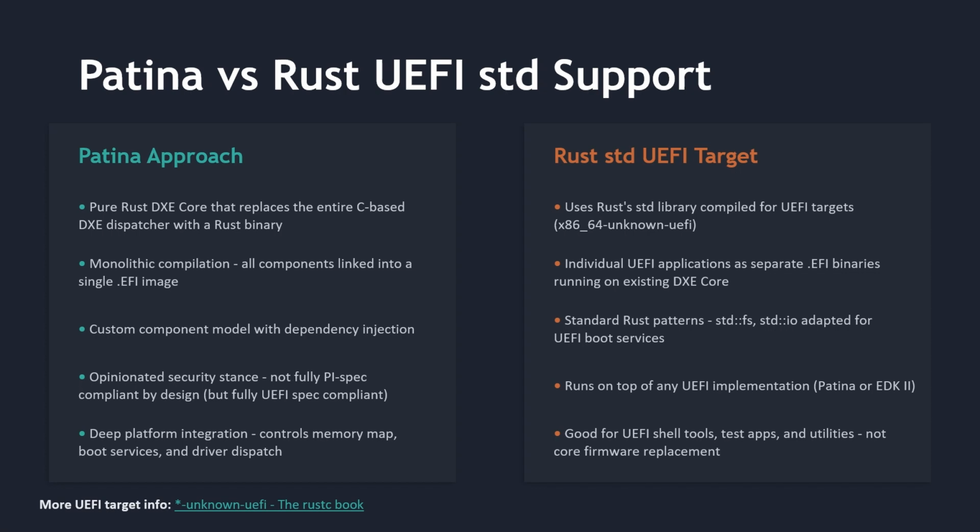This means it can run on top of any UEFI implementation, Patina or EDK2, and you can swap out Patina or EDK2 from the underlying firmware for a device, and these applications will continue to work because they have that abstraction through the Rust STD interfaces to the boot services down to the underlying core itself.